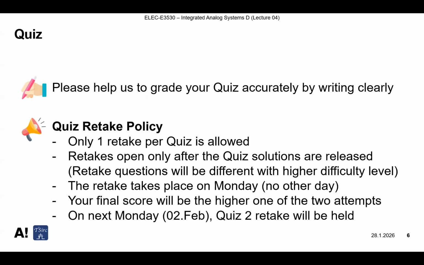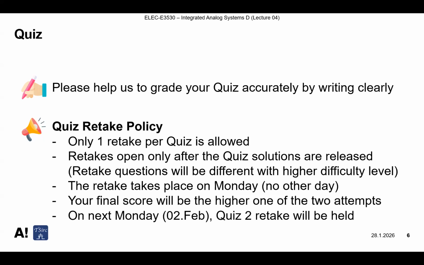And for the quiz, there is an update on the quiz retake policy. Again, please help us grade your quiz accurately by writing clearly. This is the quiz retake policy. Only one retake per quiz is allowed, so there is no multiple retake. The retakes open only after the quiz solutions are released. So after we release our quiz solutions and how to solve the quiz, you can take the retake.